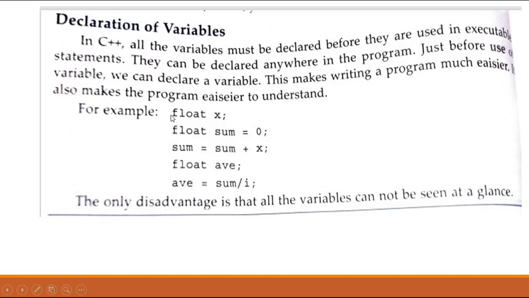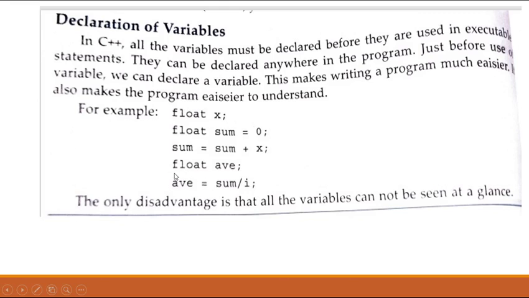Okay, so float x, and I declare another variable, float sum, with zero value, and it is not a constant, so its value will be changeable. Here I do some addition, that is sum plus whatever the x value is, and I want to print that sum value, or divide that sum value to a third variable.